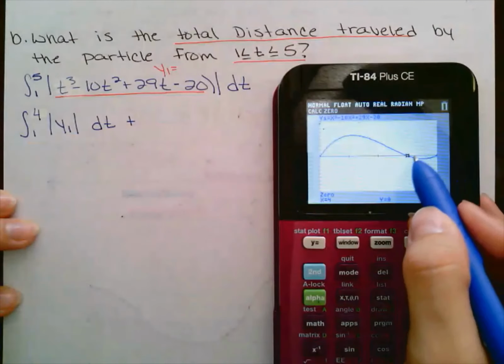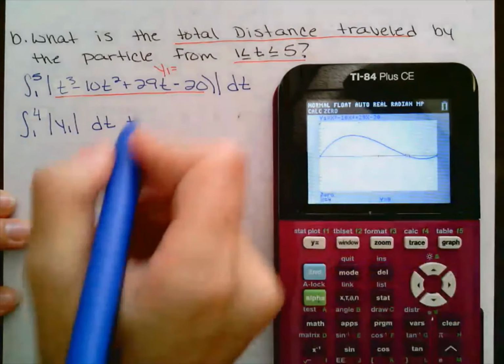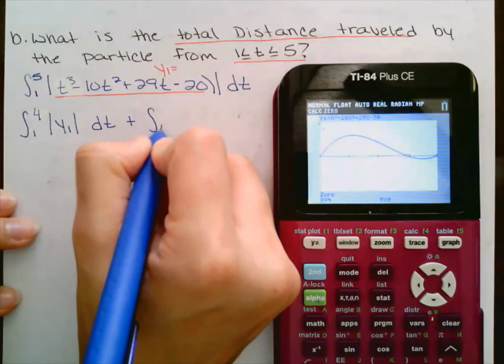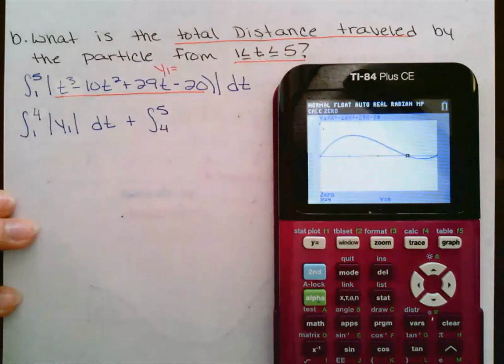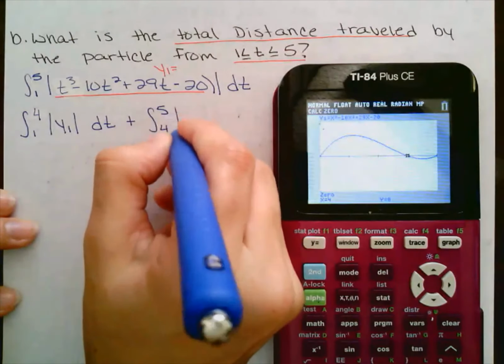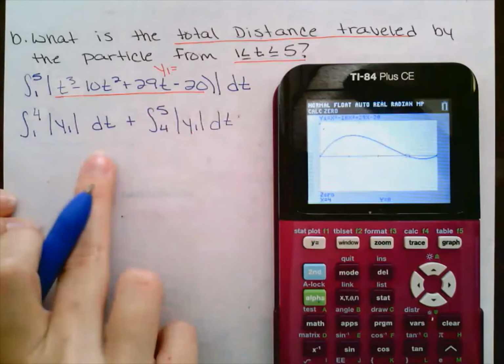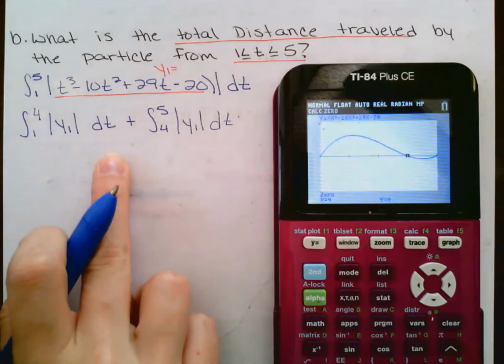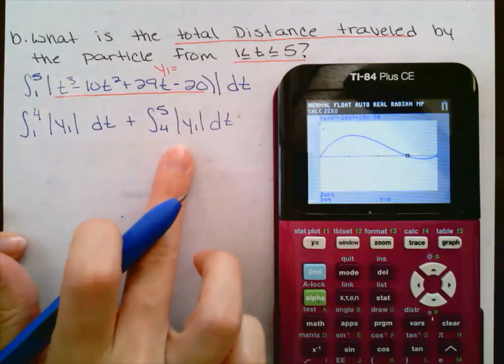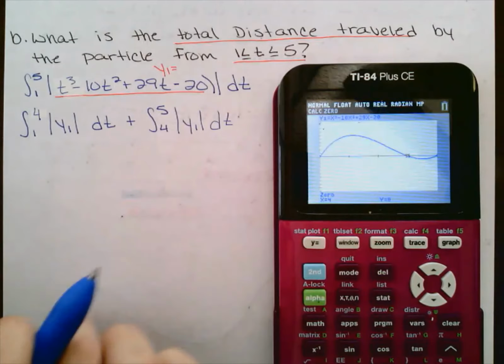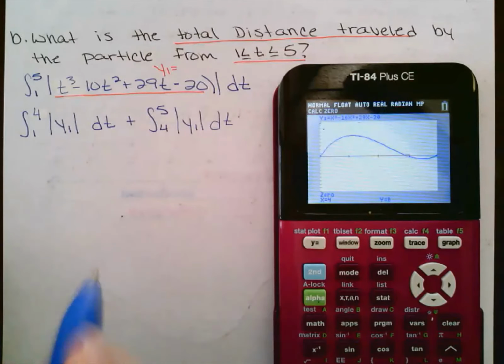Plus, we're going to add the absolute value of this negative portion down here, which goes from 4 to 5, okay? So this is one way of solving it. You are finding each of those amounts and making sure you get the absolute value of your answer, okay?